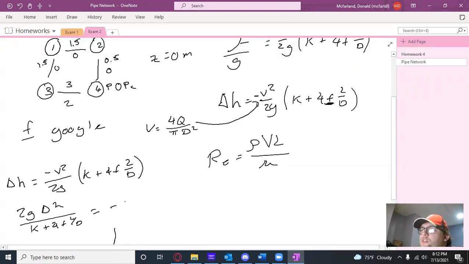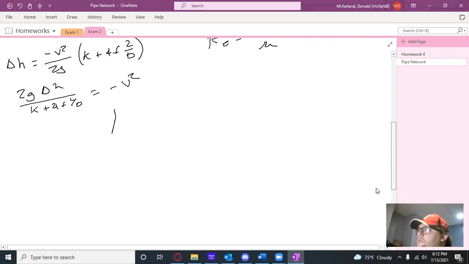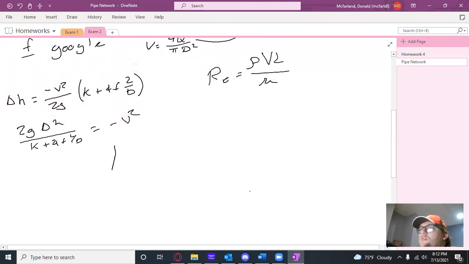Okay, so what happens is this is equal to negative velocity squared. So if we go down, we don't want the negative in here. So we want this positive.